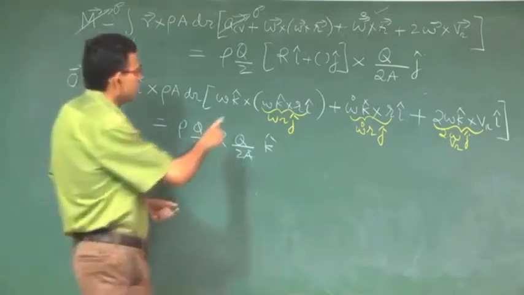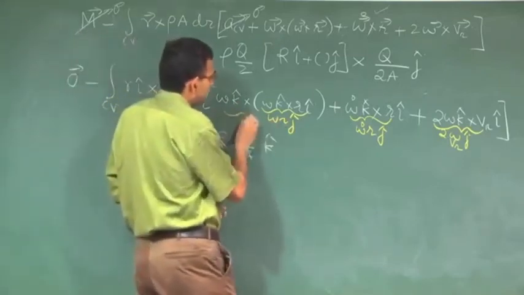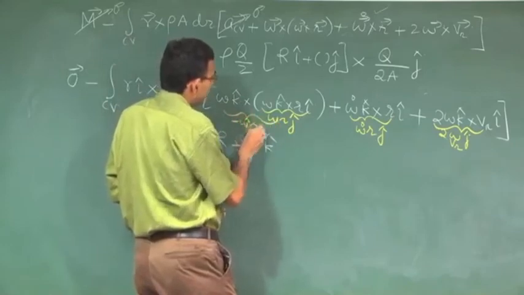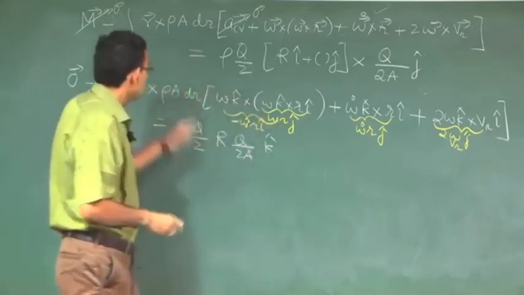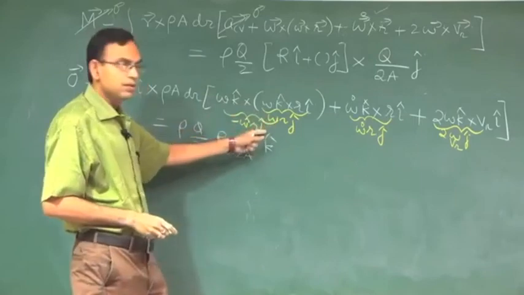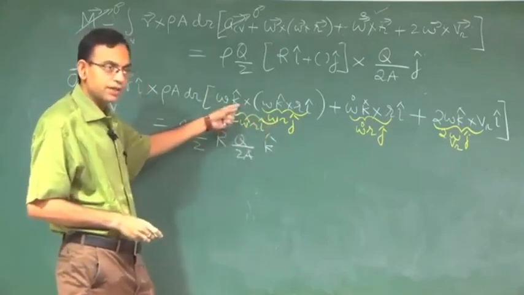Then k cross j is minus i, so minus omega square R i, and that i cross i will make this term ineffective.